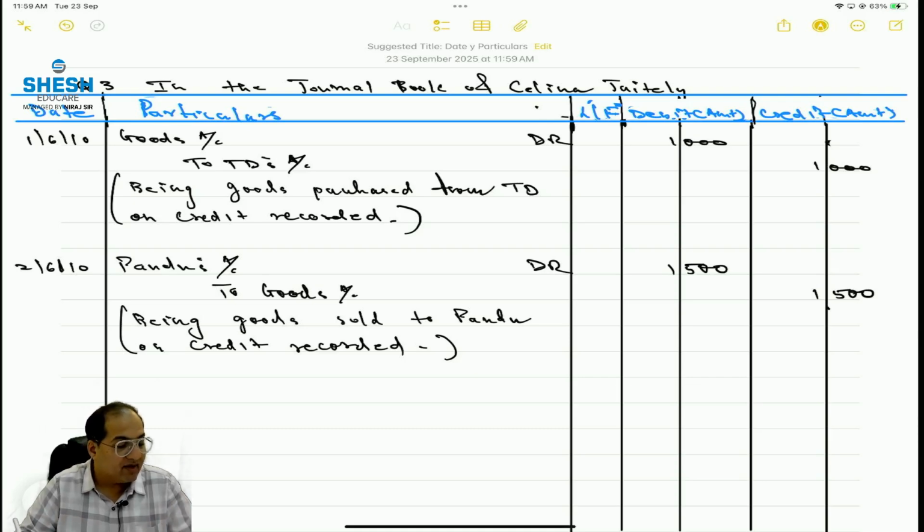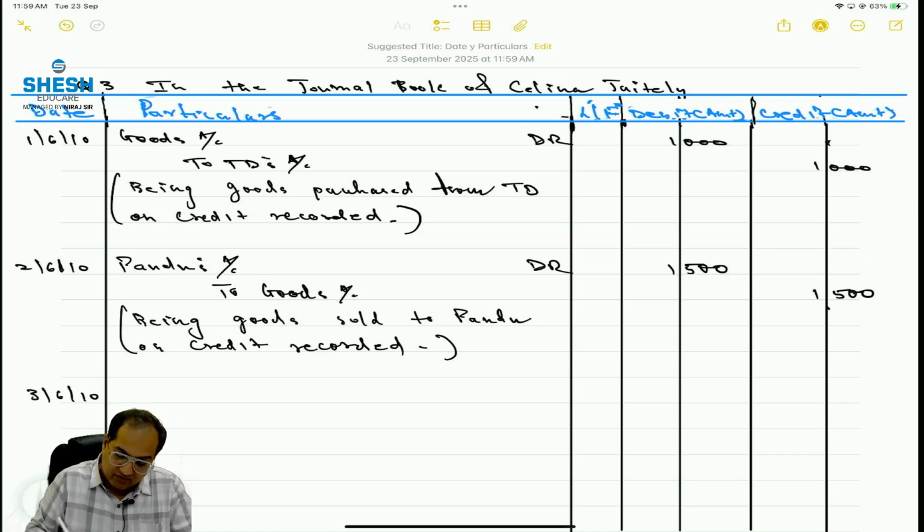Next, sold goods to B. Bairamji. Again on 3rd June, the two accounts affected are goods account and B. Bairamji's account. Not given in the problem for cash, but the name of the party is given, so it's a credit sale. So B. Bairamji's account debit 350 to goods account 350.